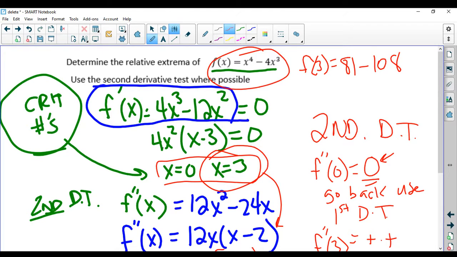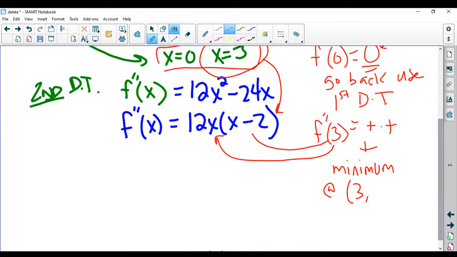And 81 minus 108 is negative 27. So we have our minimum.